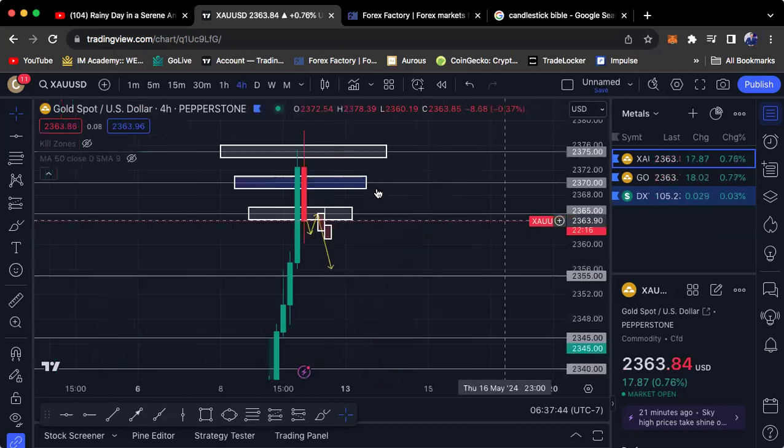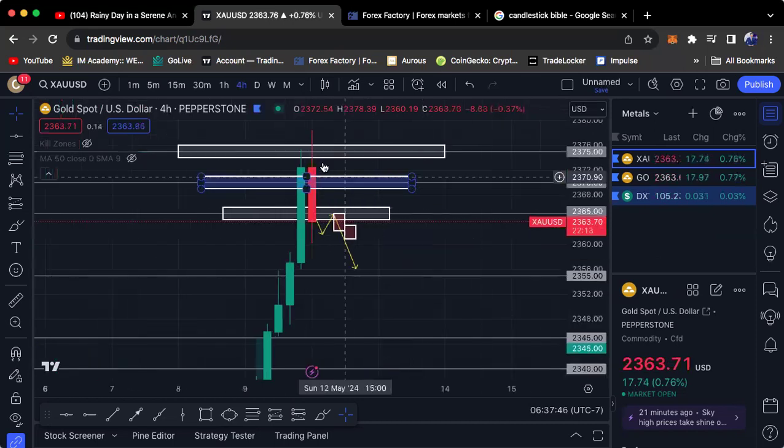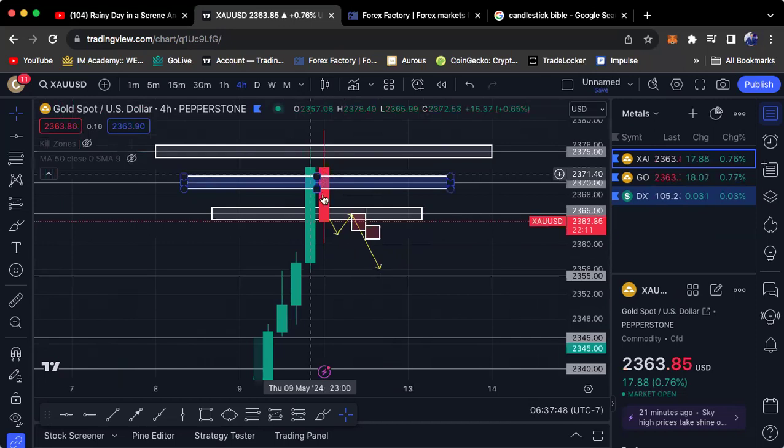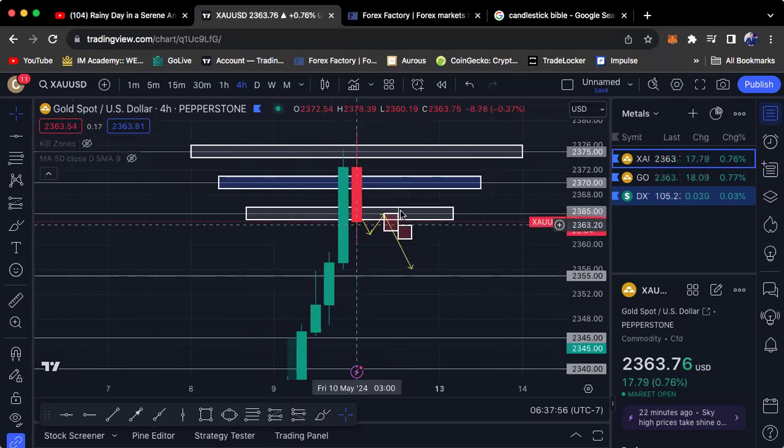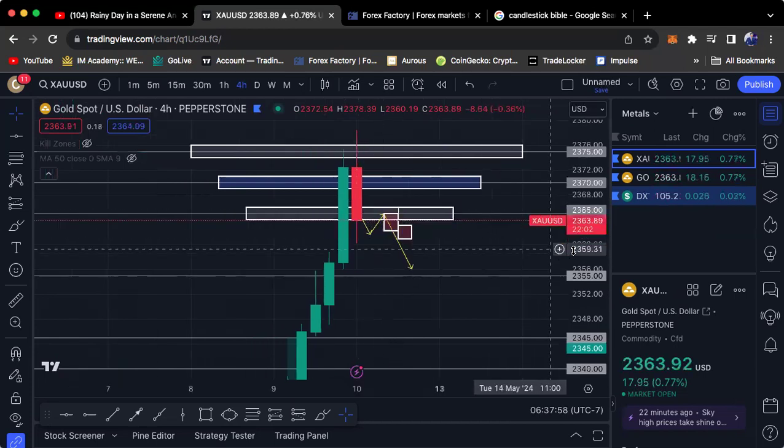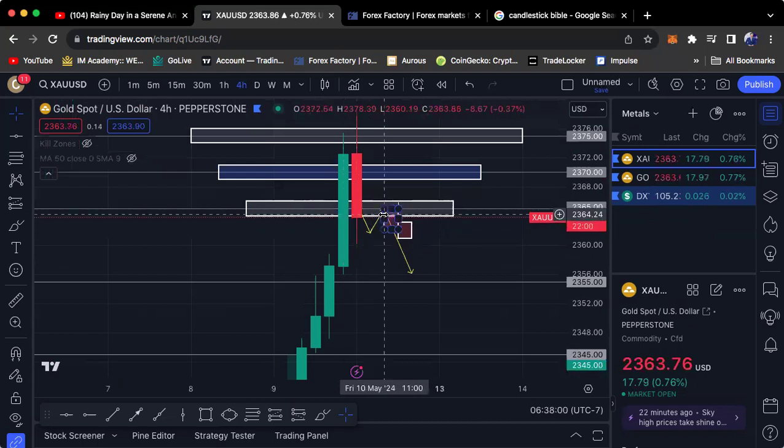You guys can see the 4-hour candle here. Now I still have 22 minutes left on this 4-hour candle. If the next 4-hour candle opens up bearish, then it's gonna continue to the downside. If it opens up bearish, okay, that's a confirmation that it's gonna sell.